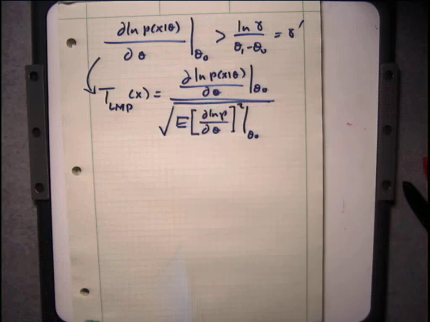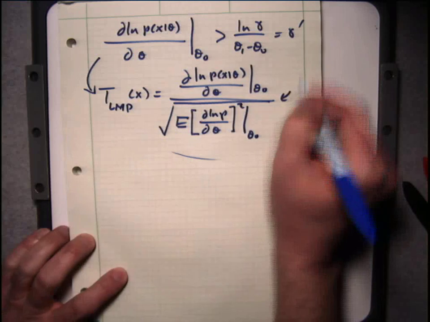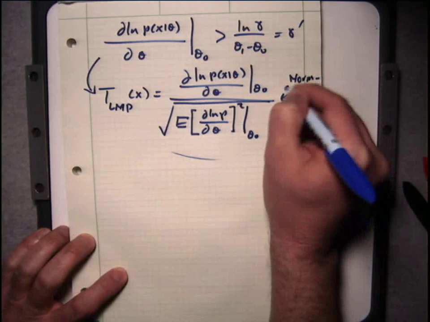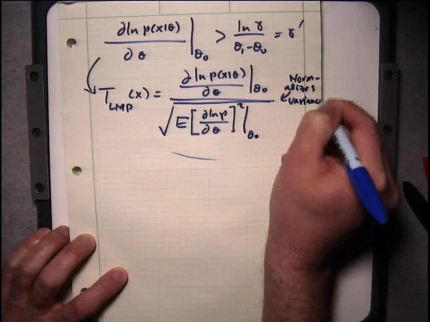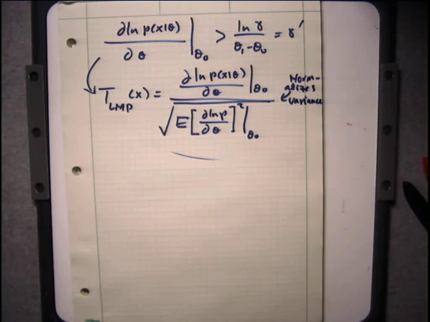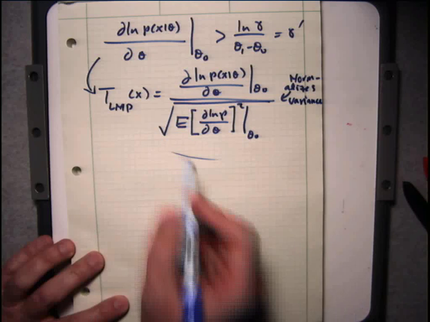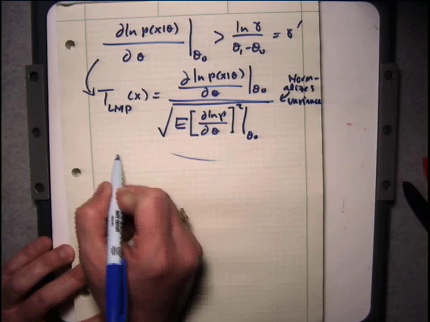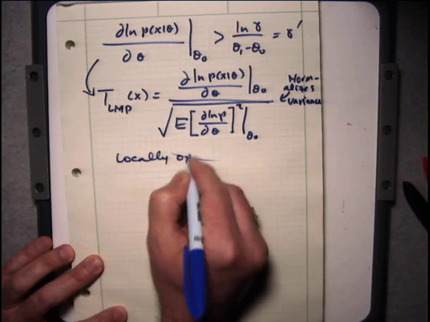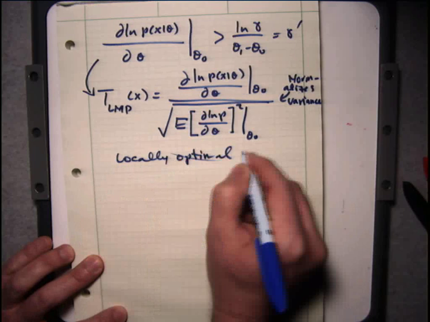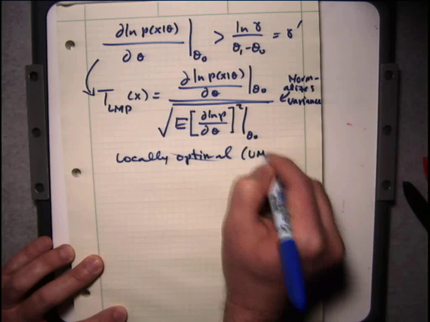So now the variance of this whole thing is going to be 1. Okay? So this normalizes the variance. Then you're going to compare this to a threshold. And this is called the locally optimal, or locally uniformly most powerful test.